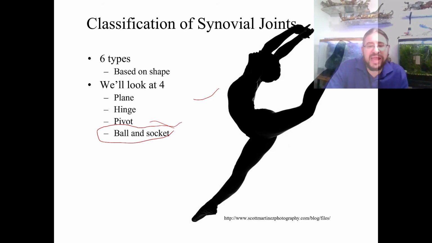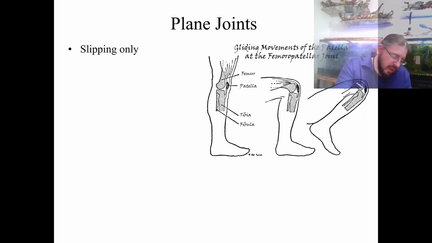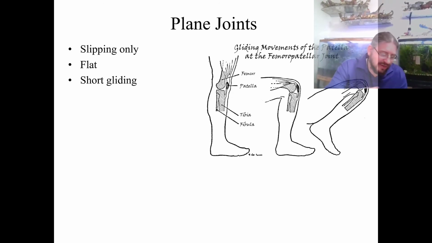So a plane joint is where we have slipping movements only. Basically when one joint slips over the surface of the other, these are gliding movements over flat articular surfaces.